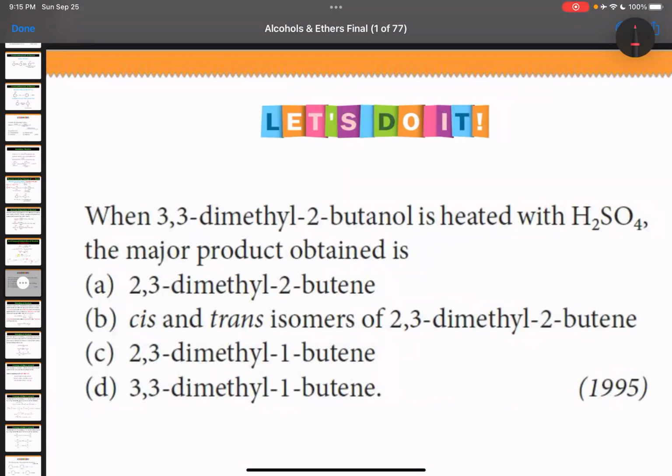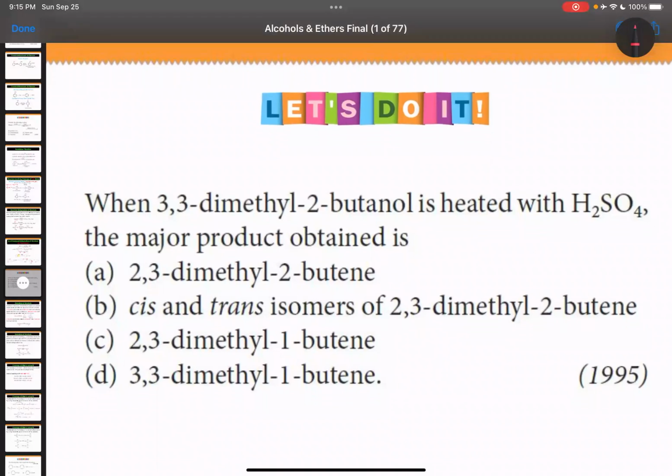So what's going to be the answer to this one? These questions are very common, they try to put one more hurdle by giving you the names.